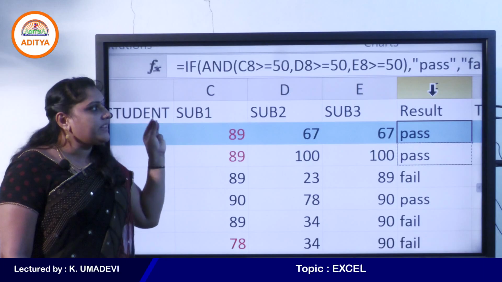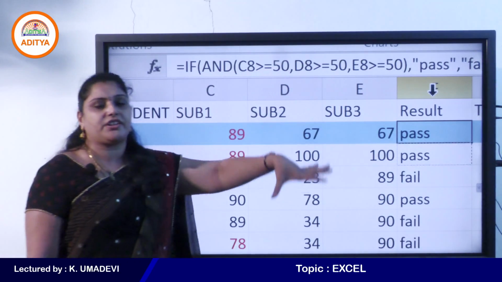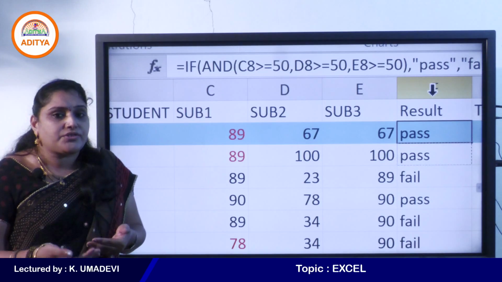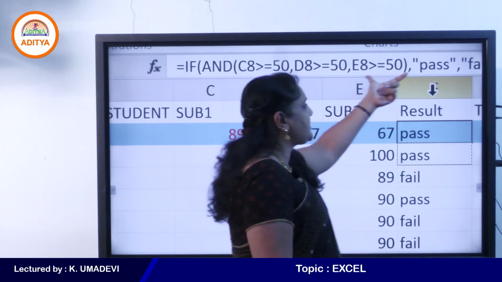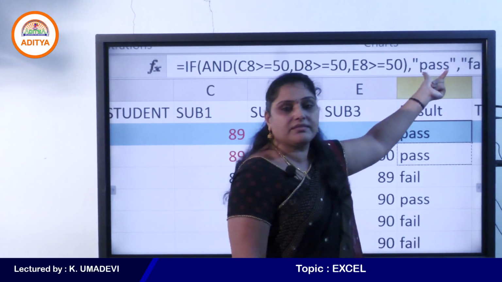See, if all these conditions are true, then AND function returns true. If the function returns true, then it returns the true value that is given instead of true. Okay, so that means pass.